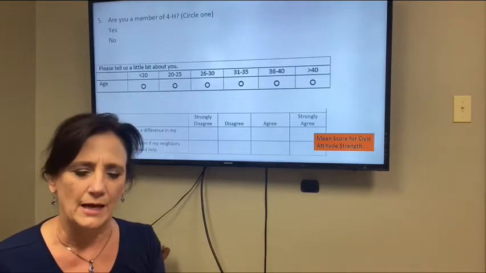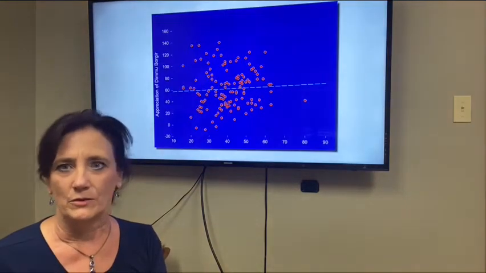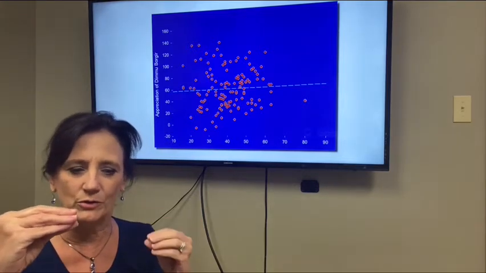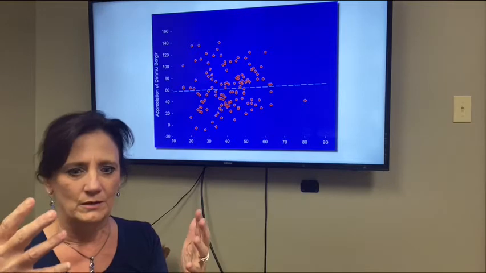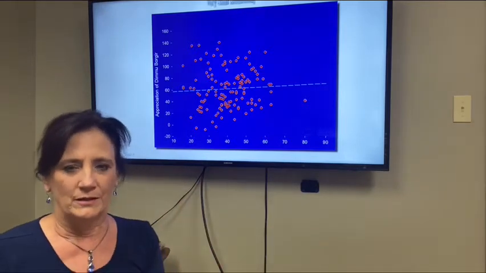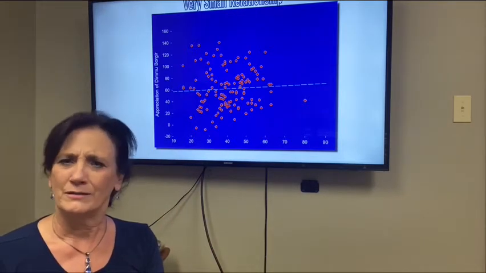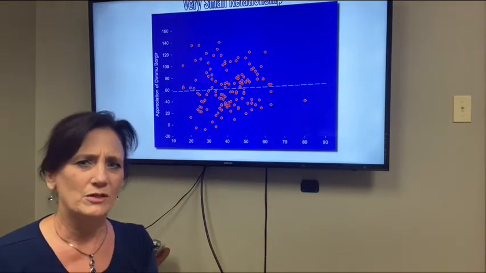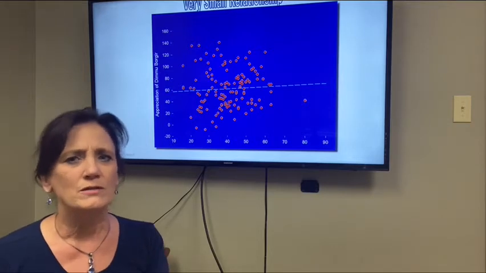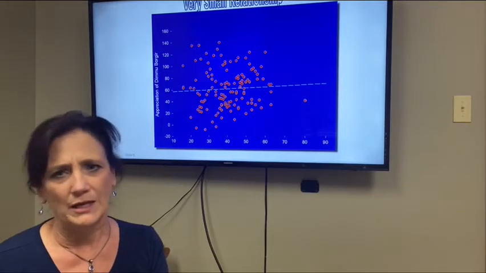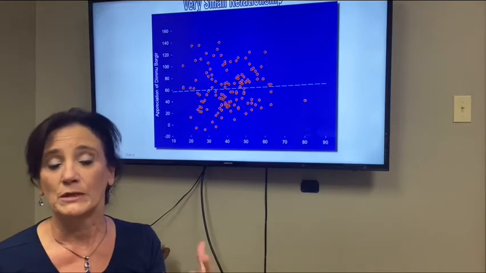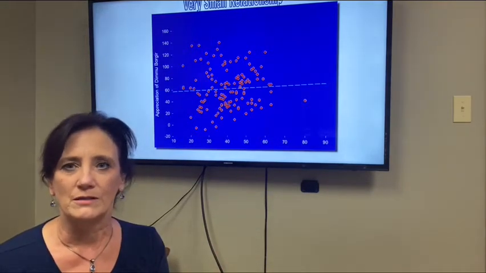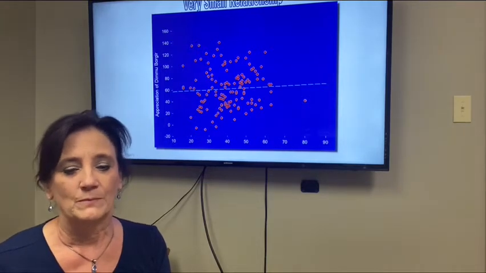All right, so correlation is all about the relationship of one variable to another, right? And as you look at this scatter plot, you're probably going, I don't see very much going on there. And I agree, I don't either. It looks like those dots are just all over the place, which suggests that there is very little to no relationship between whichever two variables were used for this particular one.